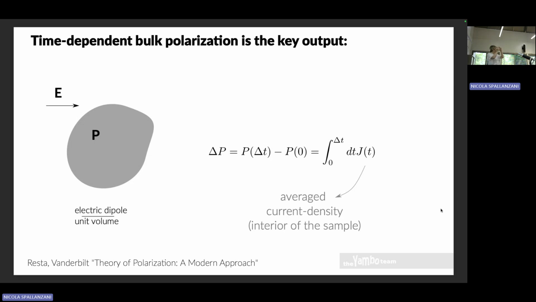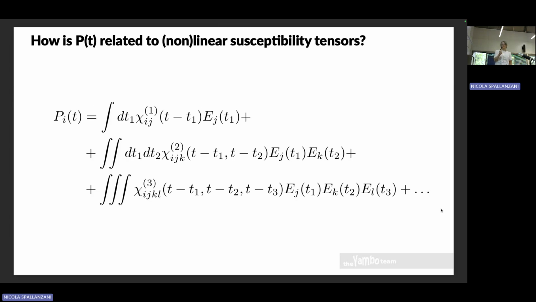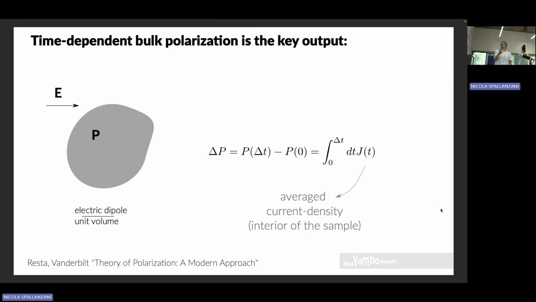Of course, if you have a finite system, say an atom, you apply a field, you will have a change in the density, and then you integrate over the whole space the change in the density times the position operator, and you will get the polarization.